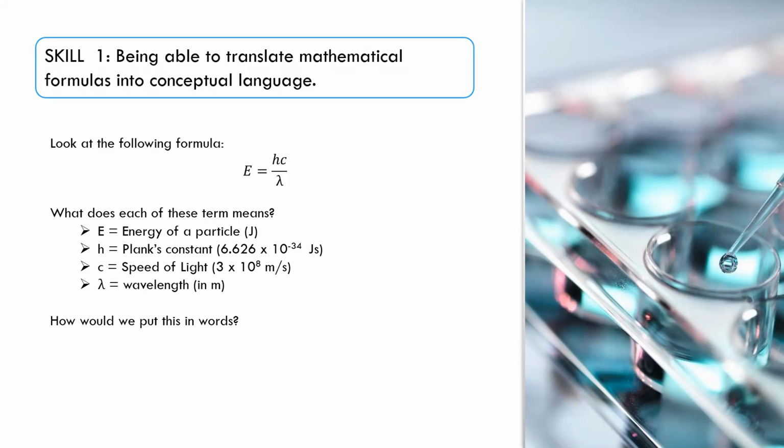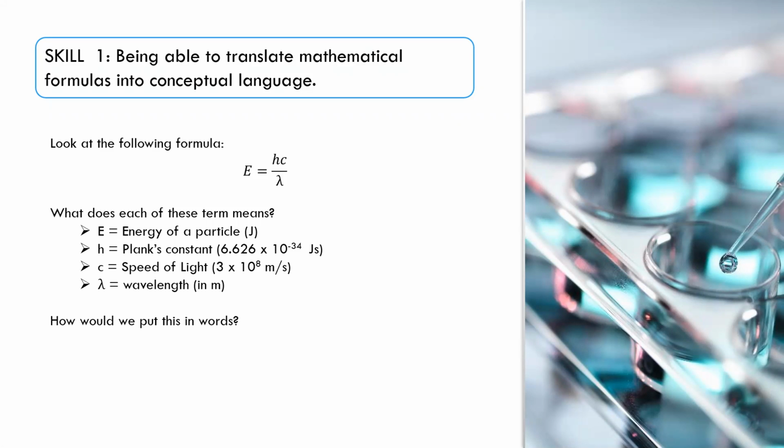So we can replace hc with k, and then it becomes E equals k over lambda. That is a proportionality that you may have learned in high school. Can you guess which proportionality it is? If you guessed inverse proportionality, then you are correct. E and lambda are inversely proportional to one another.